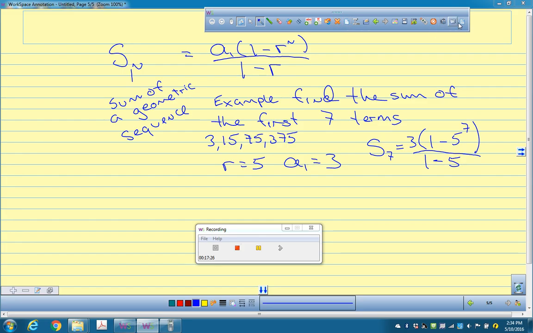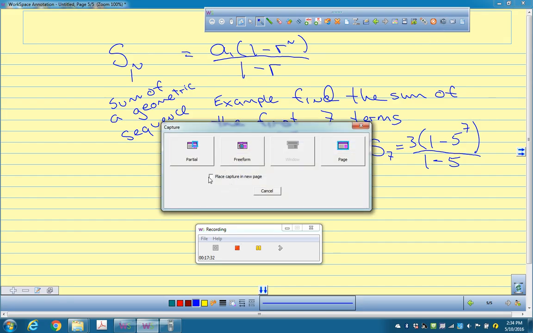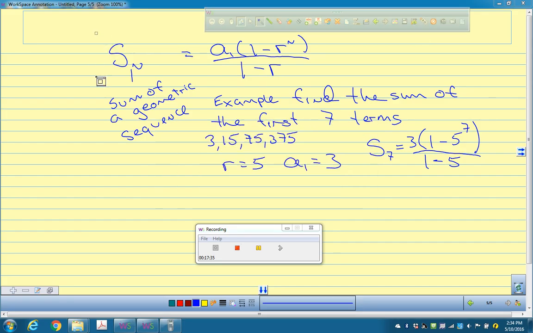So you guys are going to try this now. I'm going to take this formula so you can have it. Place, capture, new page. Here's the formula.